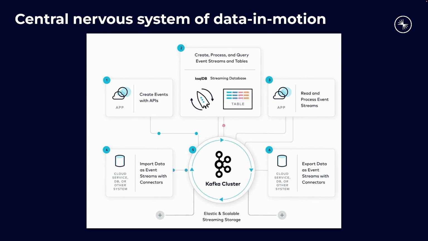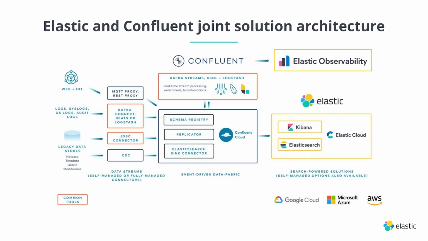And Elastic would be on the right side of this as a consumer of that real-time flow, so that an analyst could be looking at it in real time, analyzing it and taking actions. And that's what we call the central nervous system of the enterprise. So to make this all real, and to show how we work together between Confluent and Elastic, I'll hand over to David to tell you some real stories of how we're bringing this together.